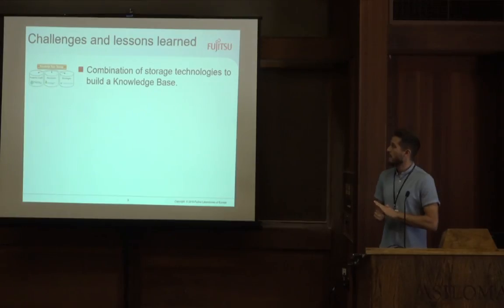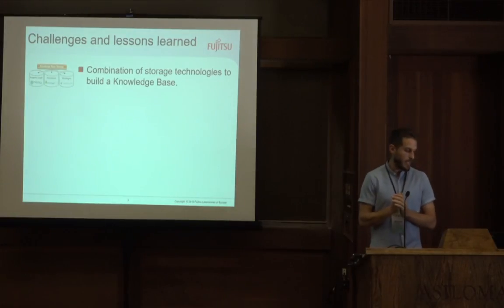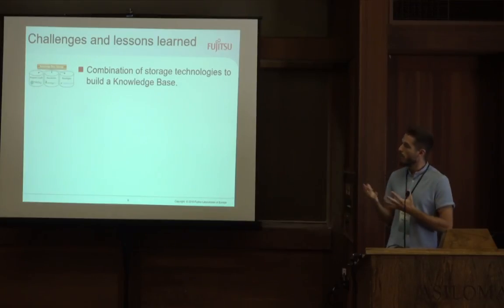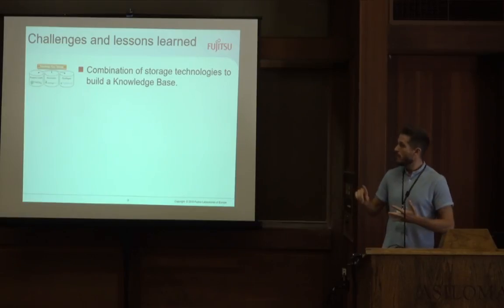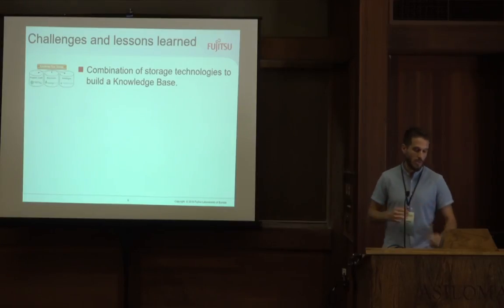Some challenges and lessons that we learned here. First, we were struggling with the choice of the data storage to store this, and we decided to have this hybrid knowledge base, with a property graph, a document database, and a repository for ontologies, or a triple store.